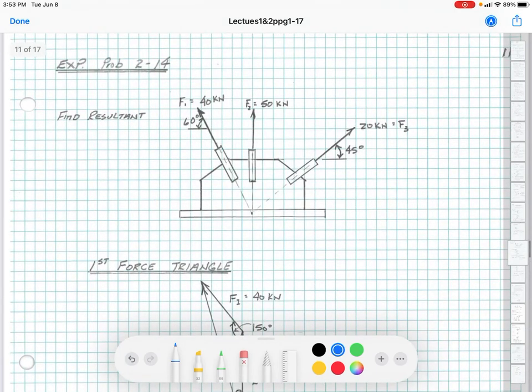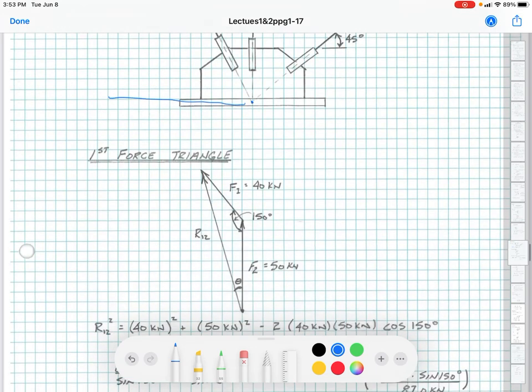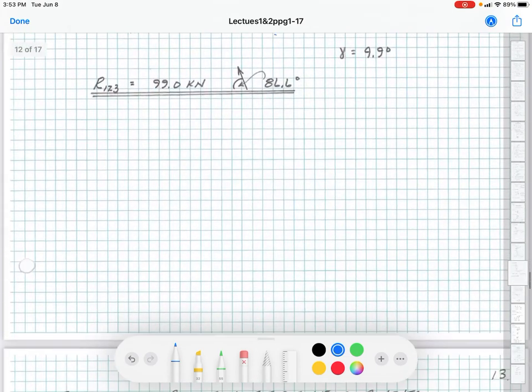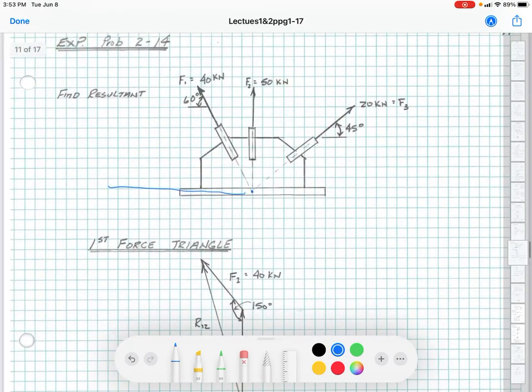So if we go back up here, this is the horizontal, and this is the concurrent point. We go back and look at it: 86.6. So it's 86.6 from there to this point.